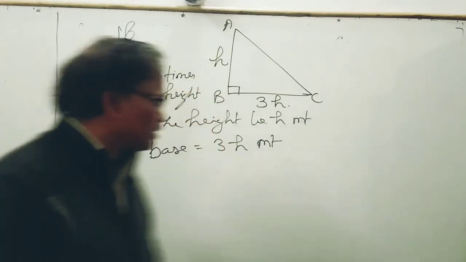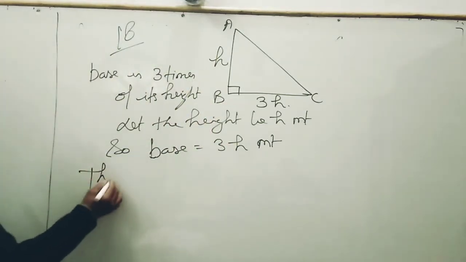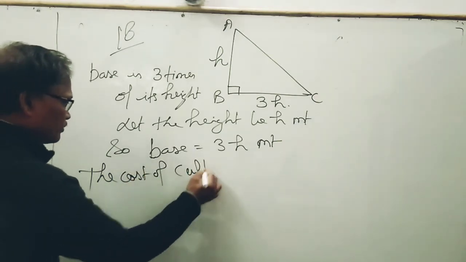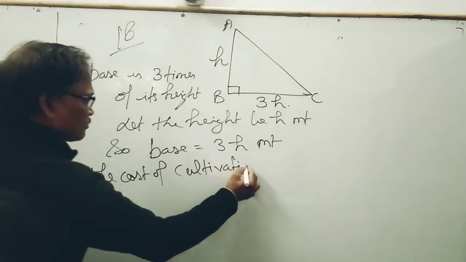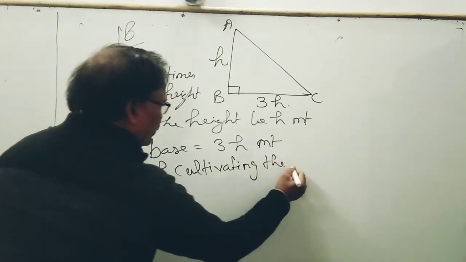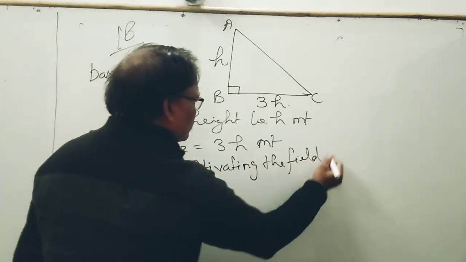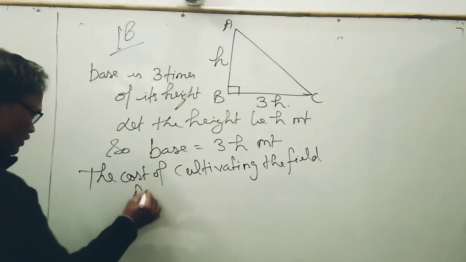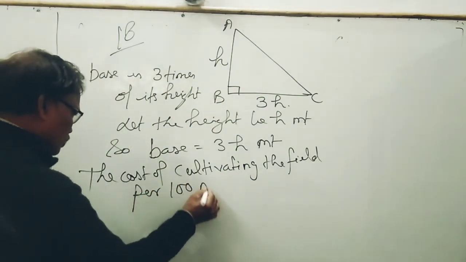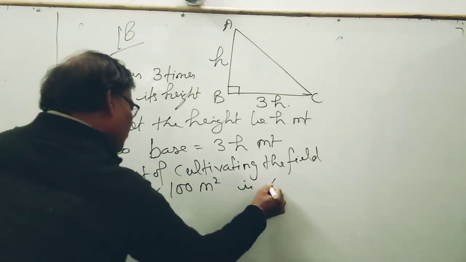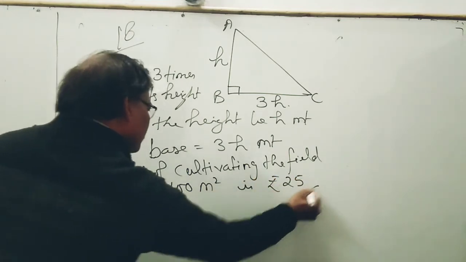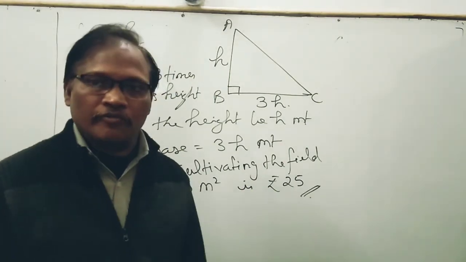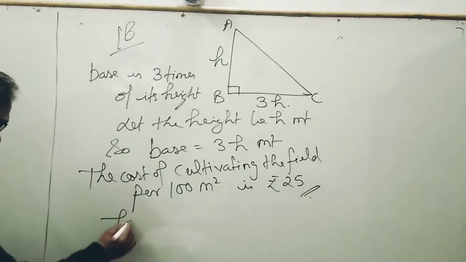The cost of cultivating the field per 100 meter square is ₹25. This is the cost. मतलब 100 meter square की cost है ₹25.